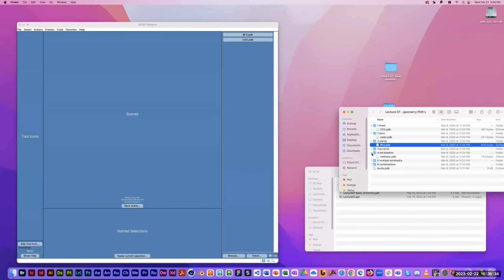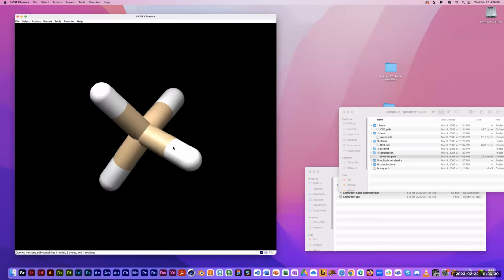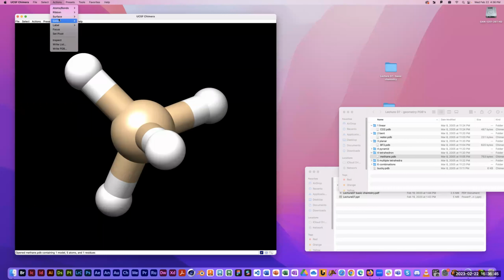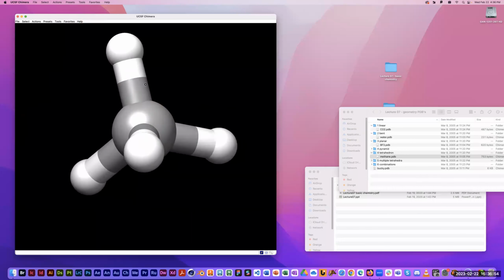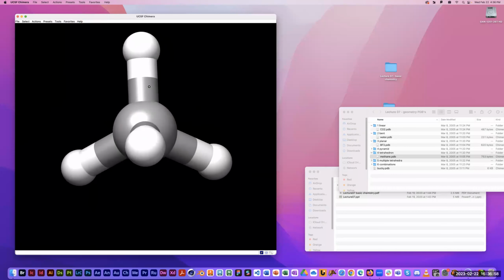And then the tetrahedron, and you've already seen the animated GIF, but here's a 3D model of methane, CH4. So you've got a carbon in the center bonded to 4 hydrogens.